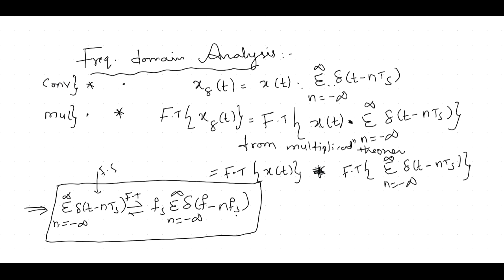Okay, in place of this, we have to substitute here. So if you substitute it, here what we are having is Fourier transform of x delta of t on left side, right?